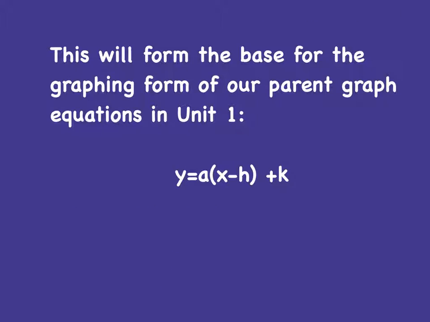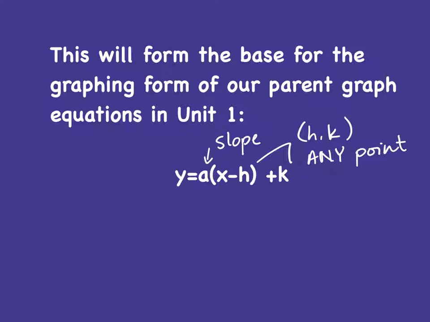And we use that as hk, where y equals a times x minus h plus k. So a in this equation is your slope, and then the point hk is any point on the graph. And this is for linear equations. In unit 1, we're going to get into nonlinear equations when you use a lot of different forms of this. But for now, this is any point on the line.